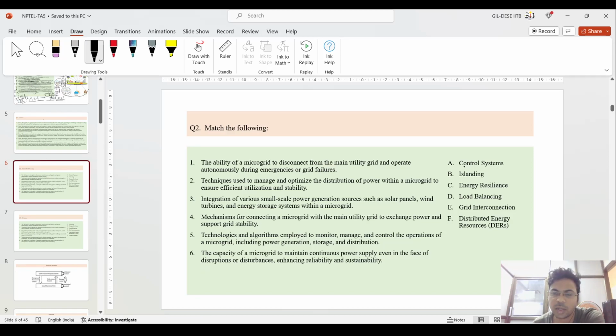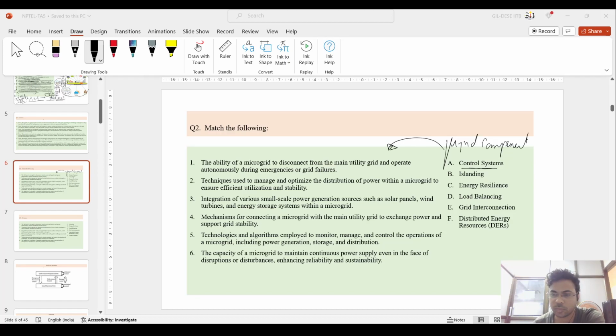Coming to the next part. Next part, I have written 6 statements related to the right side. These are basically the microgrid components, and you have to match the left side with their characteristic. Suppose there is a control system, so which characteristic in the left side matches with this control system?